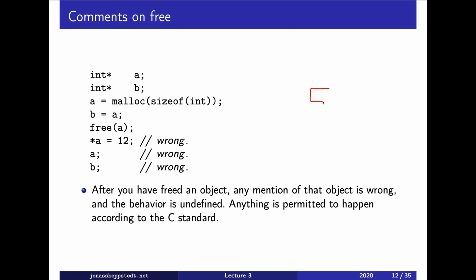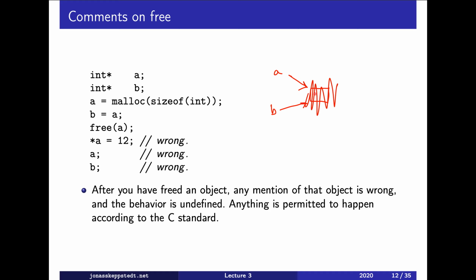We have this int, and a points there, and b also points there. Then we free this box. And then we say that what p points to should be 12. That's a bad idea because it doesn't exist.